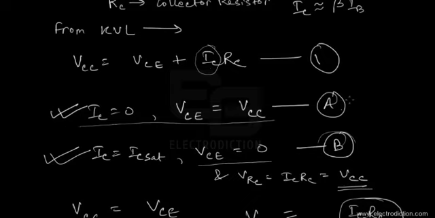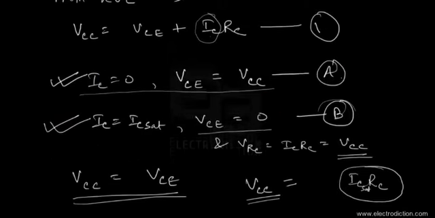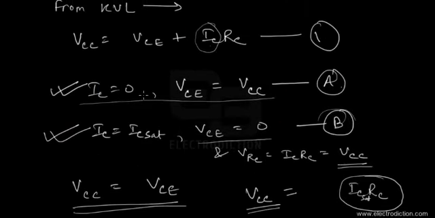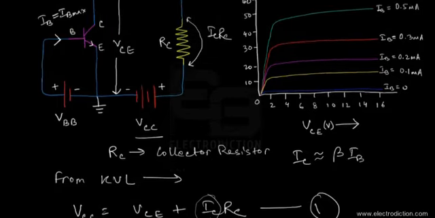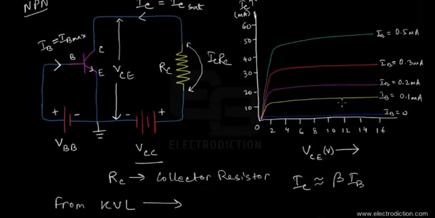So if we just care to plot this particular condition A in the output characteristics over here, we can see that from condition A, IC is equal to 0 and VCE is equal to VCC. As we know that VCE is equal to VCC, let's assume somewhere over here we have the point.